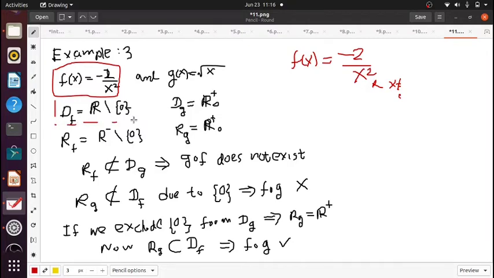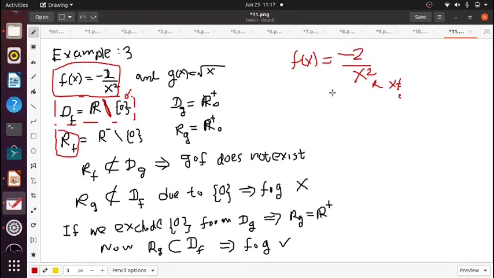This is another way that you can write this. So you can select any real number, but you have to exclude 0. This slash will mean an exclusion of an element. So in this case, the element 0 is excluded from the domain of f. What about the range of f?